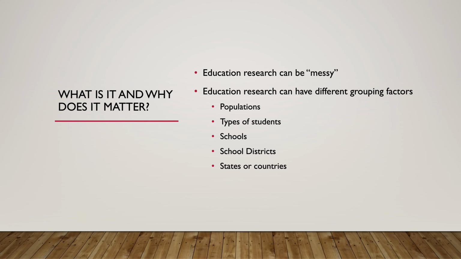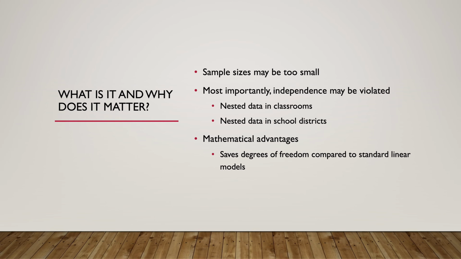So if we are seeking only to generalize within a particular school district, then mixed linear models may not be something that we need to implement. But if we're taking data from three different school districts where we expect the measurements within each school district to be correlated, then we have statistical issues, which I'll talk about in just a second.